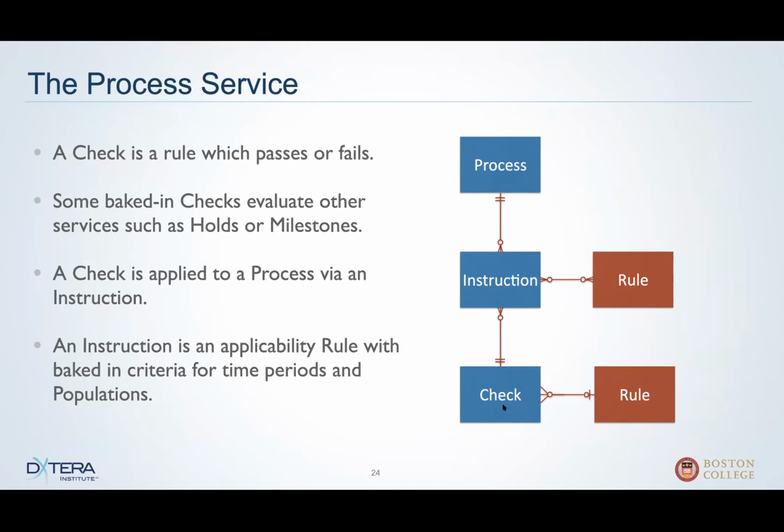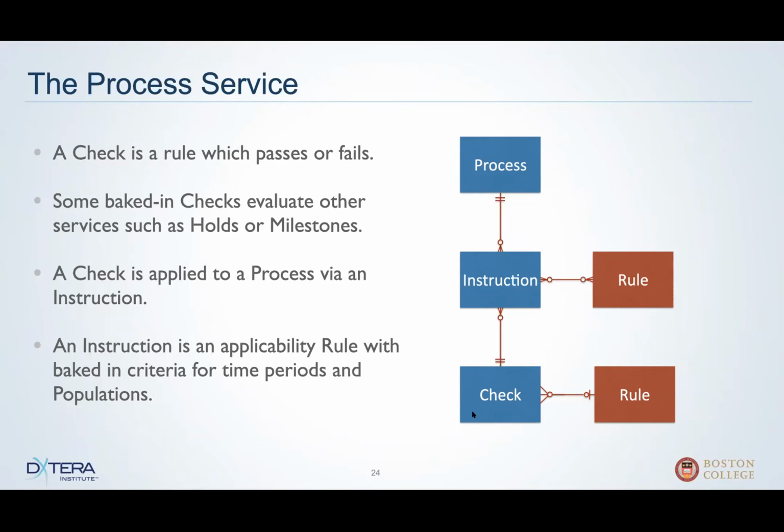And the process service is basically a way of organizing check rules. And like the other rules I talked about, a check rule can point to a rule, it can point to a piece of Java code, it could be the product of an integration, and we also have some baked-in checks because we already have those services defined, so the services may as well learn how to talk to each other.